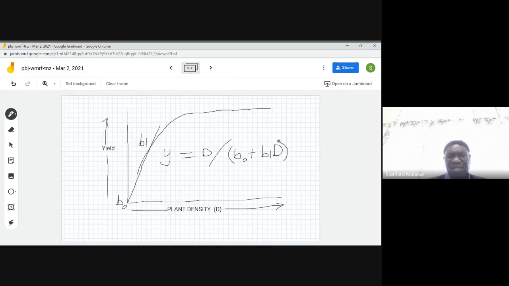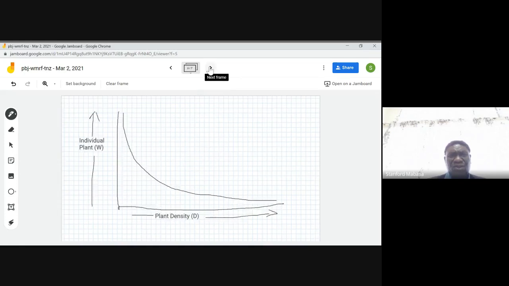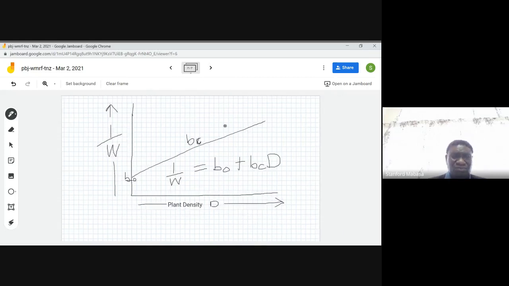Although we started from here, because we need this graph to explain what is happening here. And also, we have now transformed this graph into a straight line. We have converted it into a straight line. And it is this equation which is important.